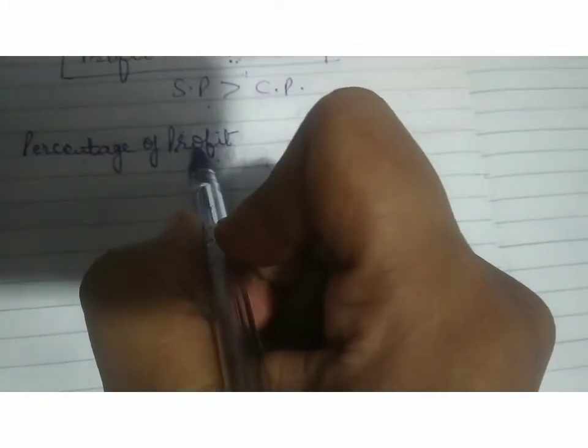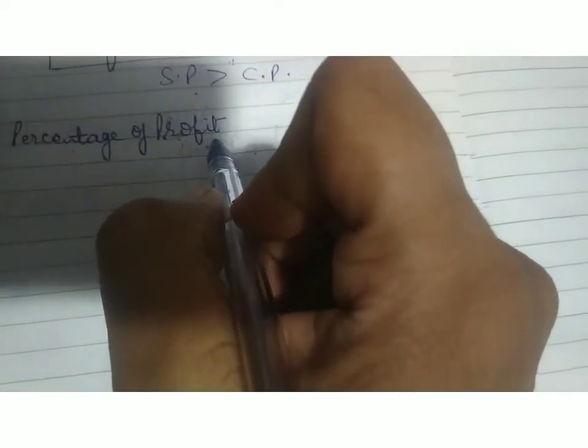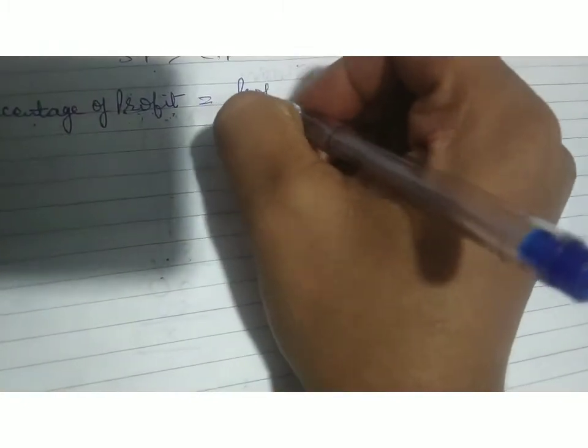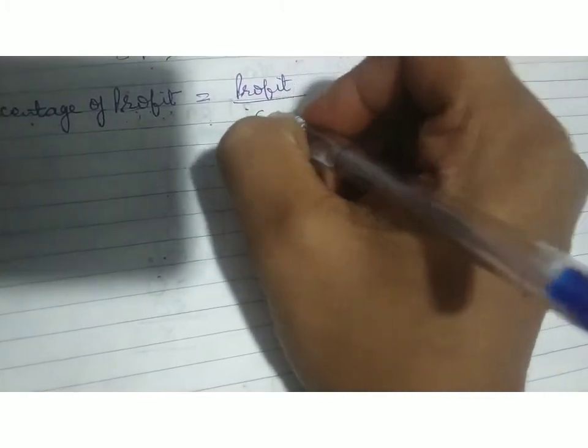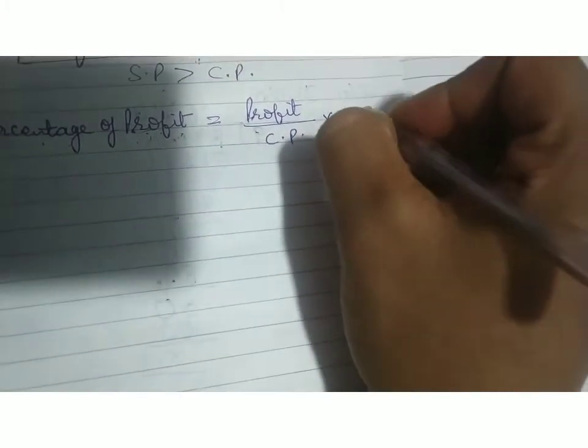Now the next important thing is percentage of profit and percentage of loss. So percentage of profit or loss, whatever we are finding, that is always found on the cost price. Profit and loss are always expressed as a percentage of the cost price. So what will be the formula of this? The percentage of profit is profit divided by cost price multiplied by 100.